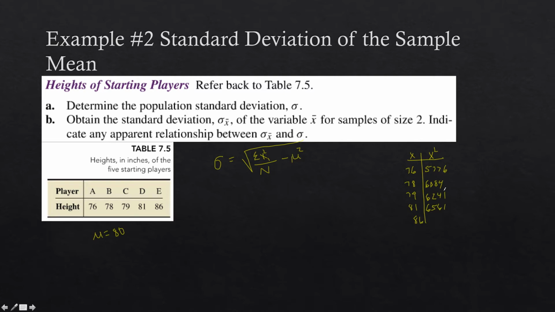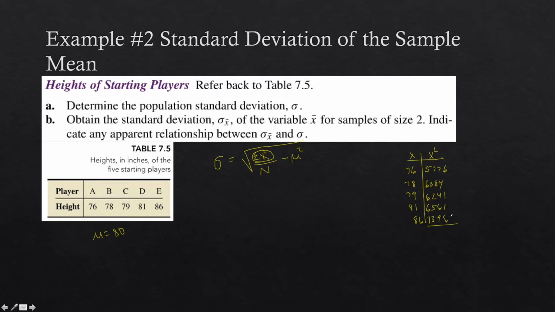And 86 squared. Alright, so we need the sum of that for the formula here. If you notice this right here, we need the sum of this x squared column. So add all those up.